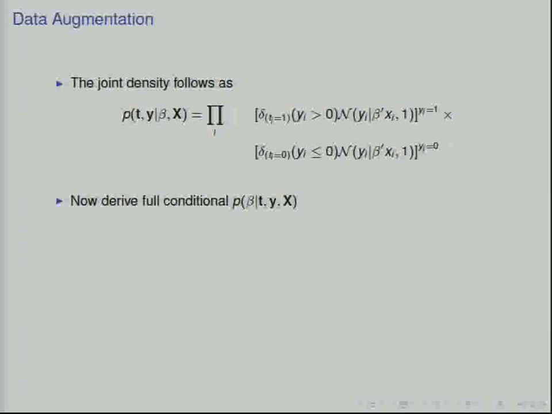Now it turns out, if we just look at everything that's here, beta just occurs in this expression here, and of course the t's are here. So in essence, the conditional is just going to be the product of all of the normal distributions.